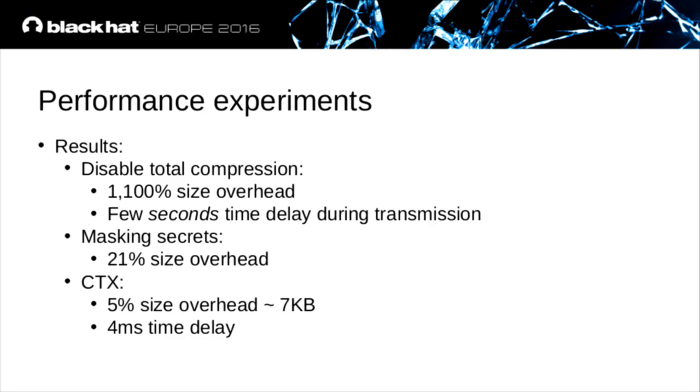So if we disable compression in this web page with these characteristics, the size overhead will be 1,100%. So the response that would be transmitted over the network would effectively be 12 times or so the compressed one that is sent right now.